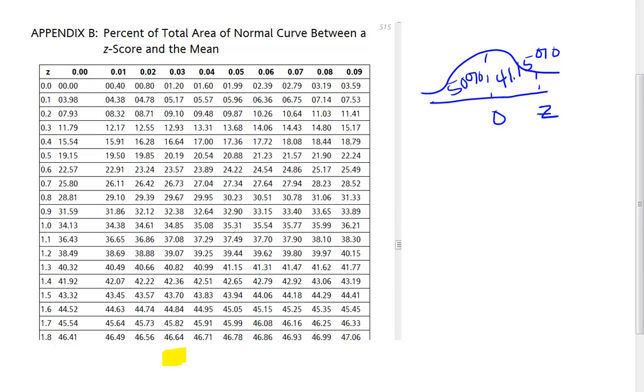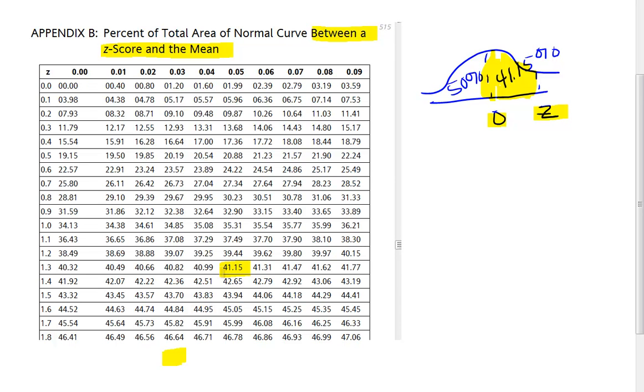41.15. And this table tells us the percent of the total area of the normal curve between a z-score and the mean. So between here and here, the percent of the data, 41.15%. So now I'll be able to look up on this chart. So 41.15% is right here.